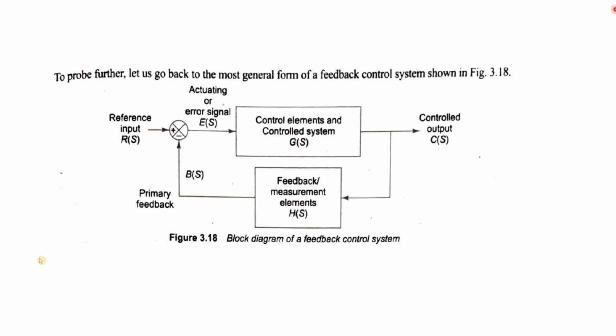Plant means the actual object or actual system where the operation is taking place, and the controller is the block which makes the changes, and accordingly it gives the control signal to the plant, and the plant operates according to the signal given by the controller. So if there is any malfunction, then the controller will change its settings, and it will give signals to the plant, and the plant will just operate. Okay, and you will get the output from the plant.